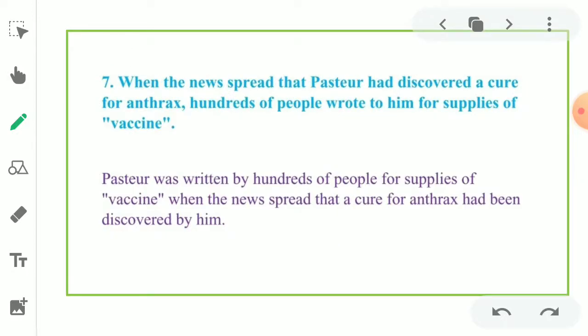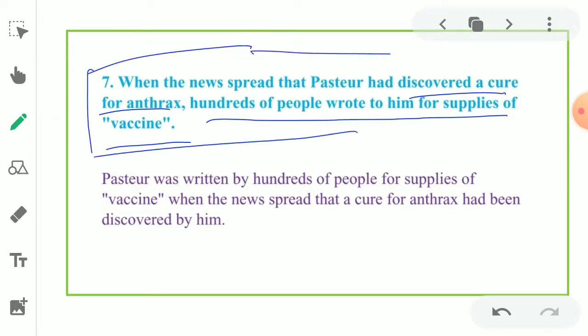When the news spread that Pasteur had discovered a cure for anthrax, hundreds of people wrote to him for supplies of vaccine. It's a very tricky sentence to understand. How is it tricky? Because there are two clauses. This particular sentence is a complex sentence.